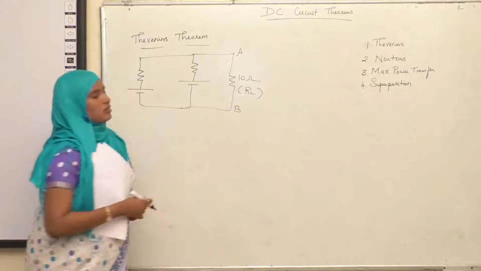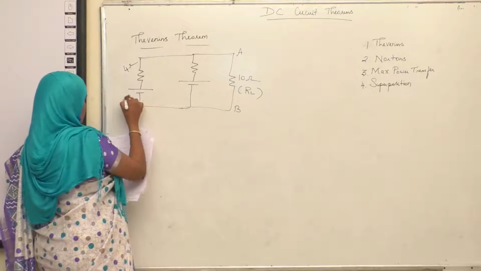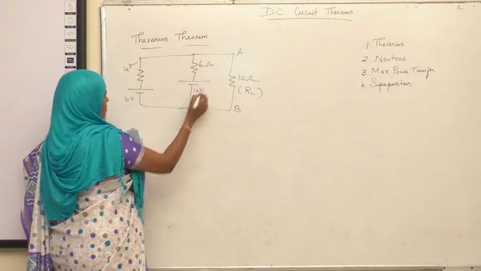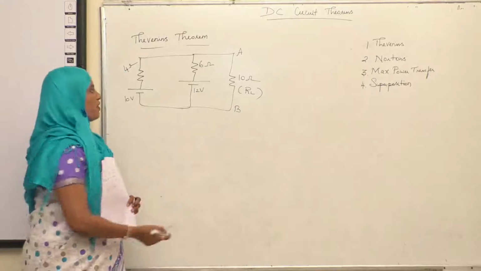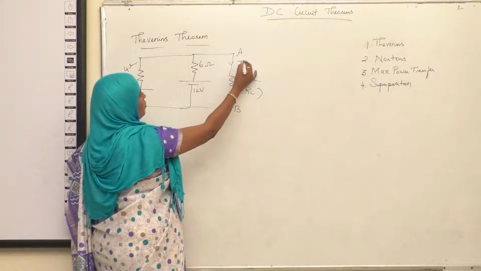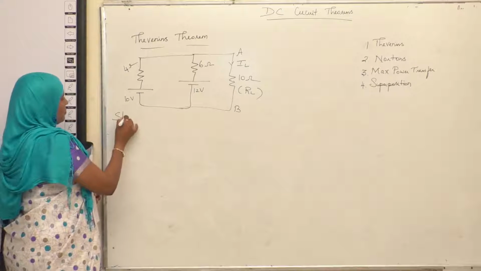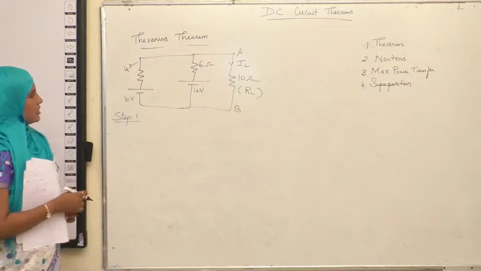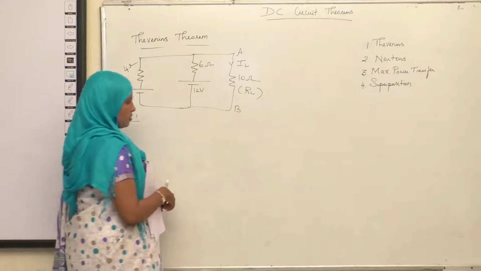In this one, the 10 ohm is your RL. Following those four steps, we have to find the current flowing through RL, that is 10 ohm. So your step 1 will be to find VTH. As I said, to find VTH, you have to first remove RL.